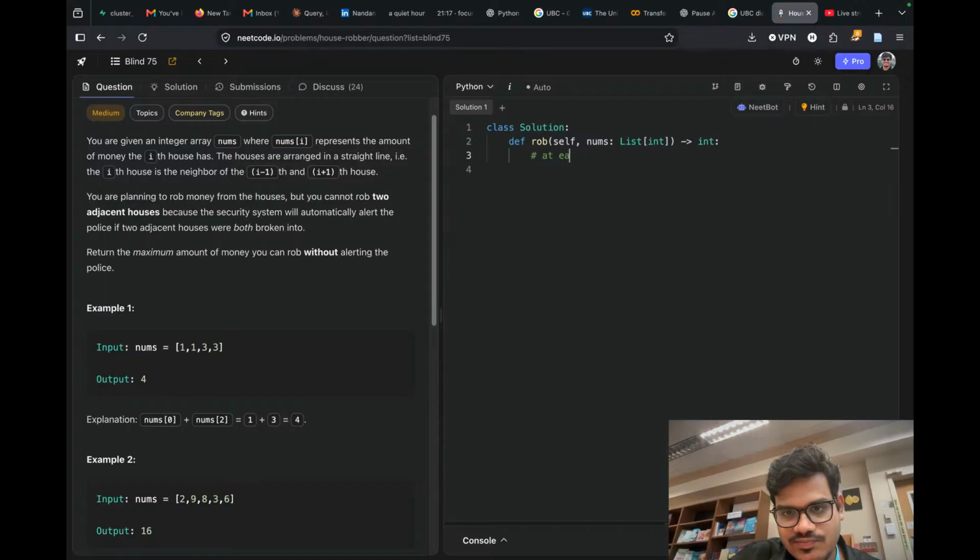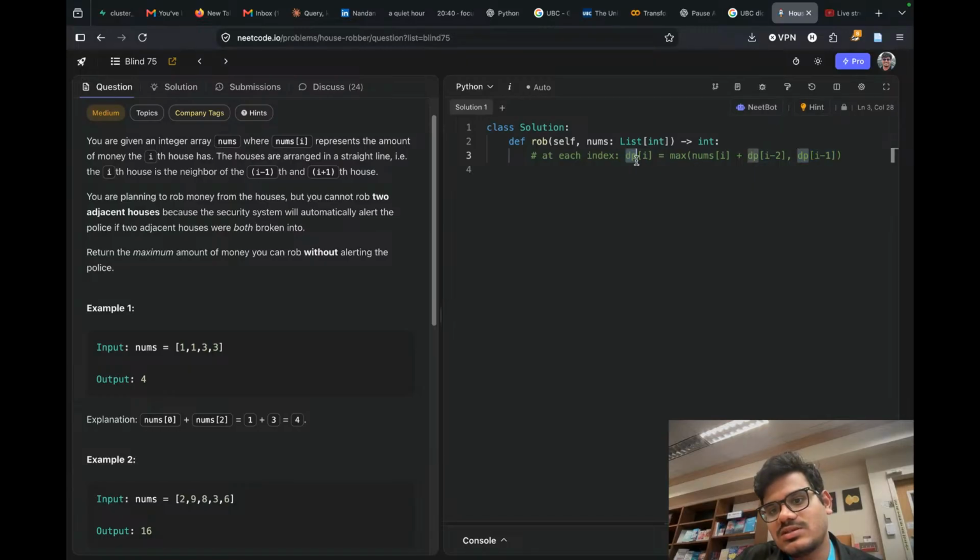At each index, dp of i, the maximum that we can rob, will be equivalent to the max of nums of i plus dp of i minus 2, meaning how much we can rob till that point plus robbing this house, or dp of i minus 1, meaning if we are not robbing that house, the maximum that we can rob till i minus 1.